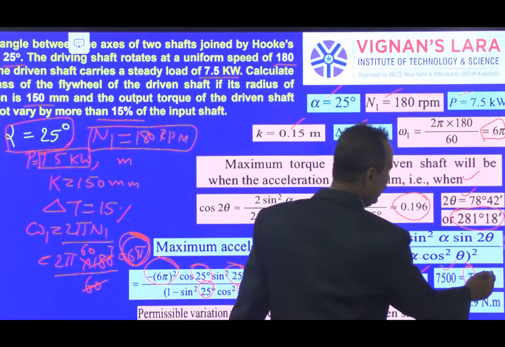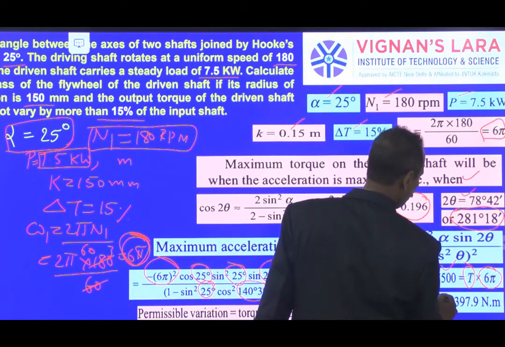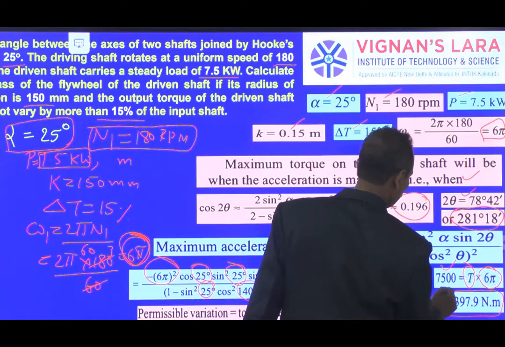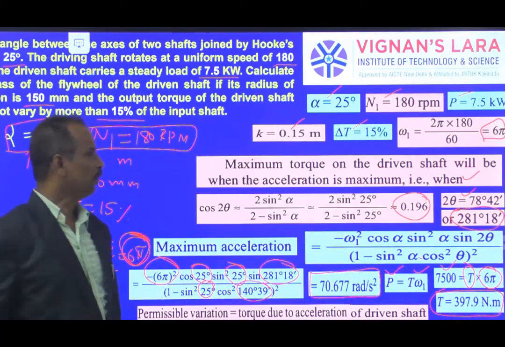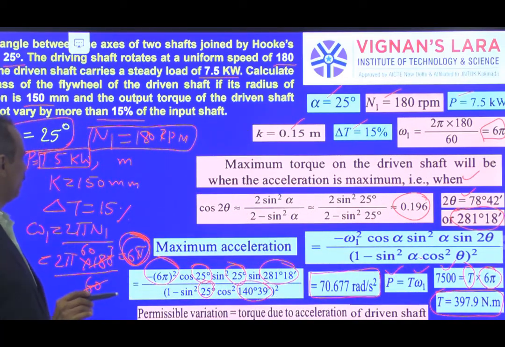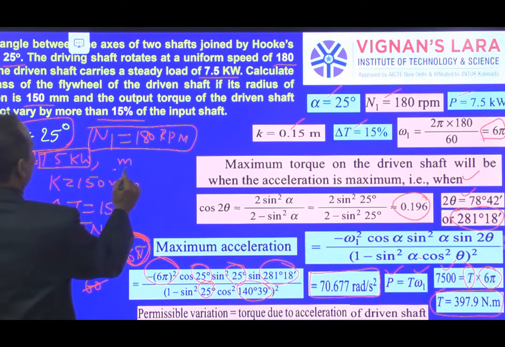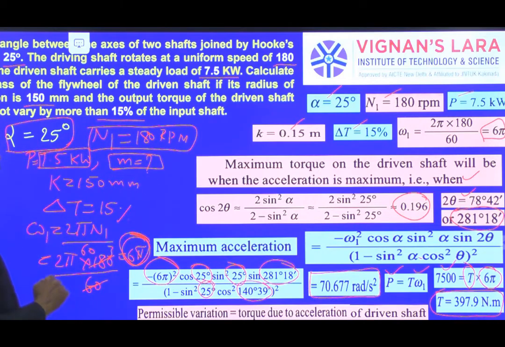Substitute this and you get your torque. But what is my requirement? My requirement is not simply finding the torque, my requirement is finding the mass of the flywheel with a radius of gyration of 150 mm.